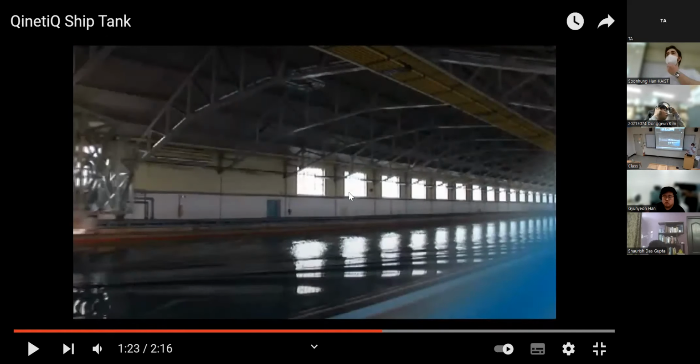As the duck was going before, you can see here also that the Froude number is bigger than 1 because of the wave line.